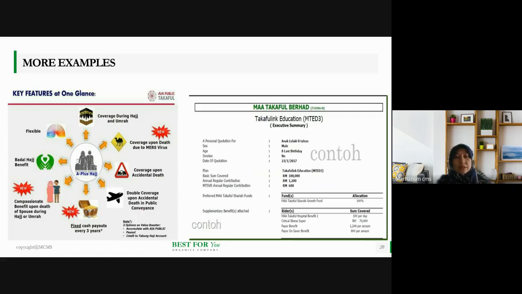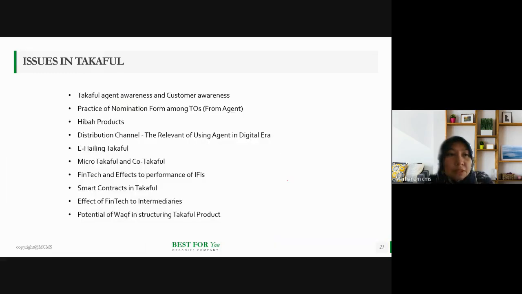And then we have the latest Takaful link for education. It covers our children and the family members, the guardians that pay the contributions. If anything happens to the father that pays the contributions, the rest of the contributions will be paid by the company.